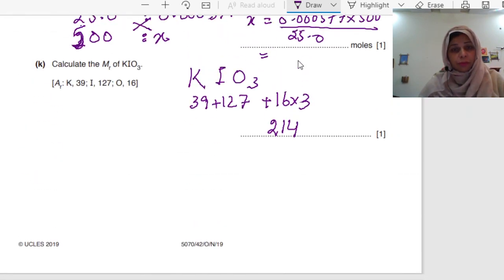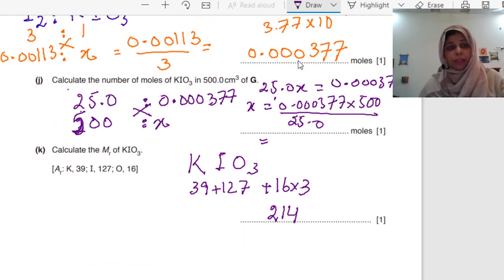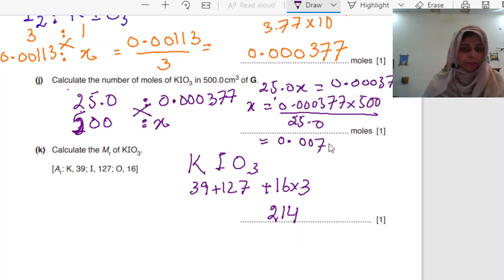If we move back, K is 214 and J is, let me write the answer of J, 0.00753. So the answer in J is 0.00753 and the molecular mass is 214.